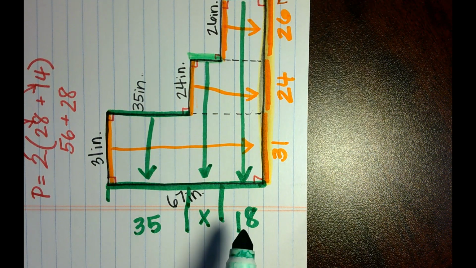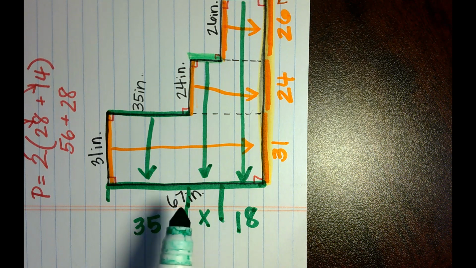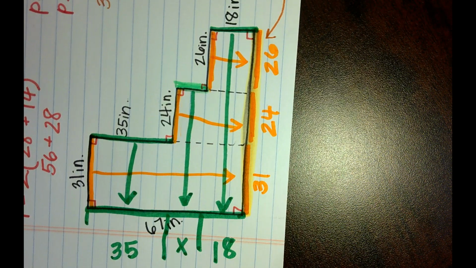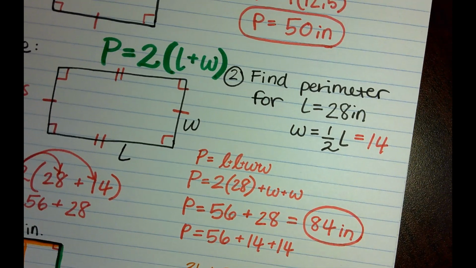These three sides added together give me how many inches? 67, because they line up with this opposite side here. So this is the same way we did the extra ticket that we had. Exactly the same. So, I'm going to turn this back to normal.